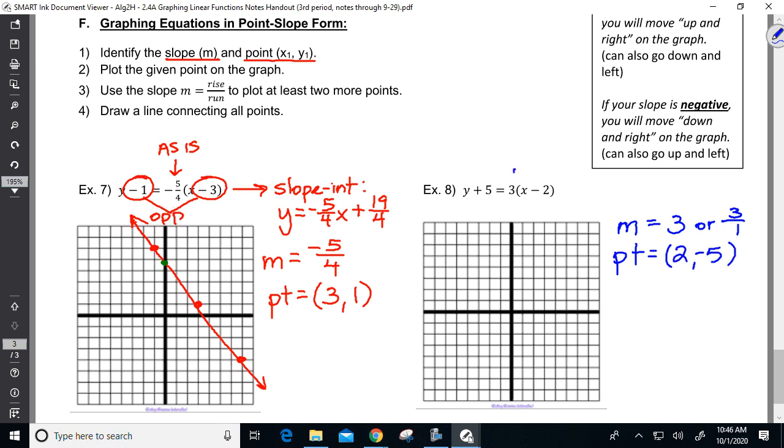So remember the process. As is, and those two we're taking the opposite. So we got our point and our slope. Put the point on the graph. So your slope is 3, up 3, to the right 1.